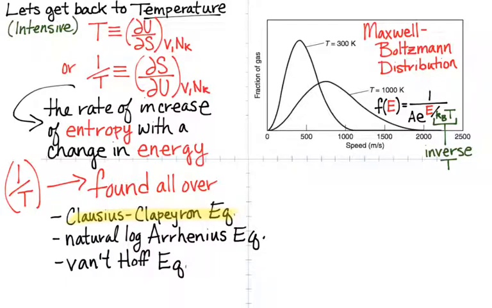The way that curve is described, as a humped shape with a long tail at higher temperatures, is described by the function of the energy distribution, which is 1 over A exponential to the E divided by the Boltzmann constant, k_B, times T. So there's a 1 over T, an inverse T, right in the Maxwell-Boltzmann distribution of the speeds of molecules and their fraction within an entire gas sampling.